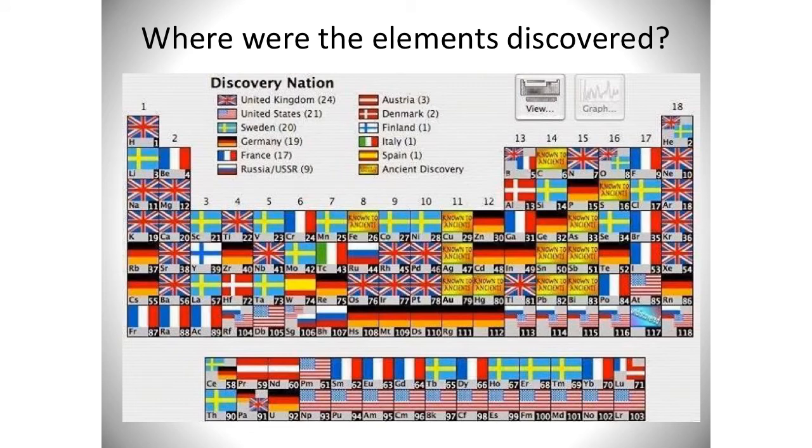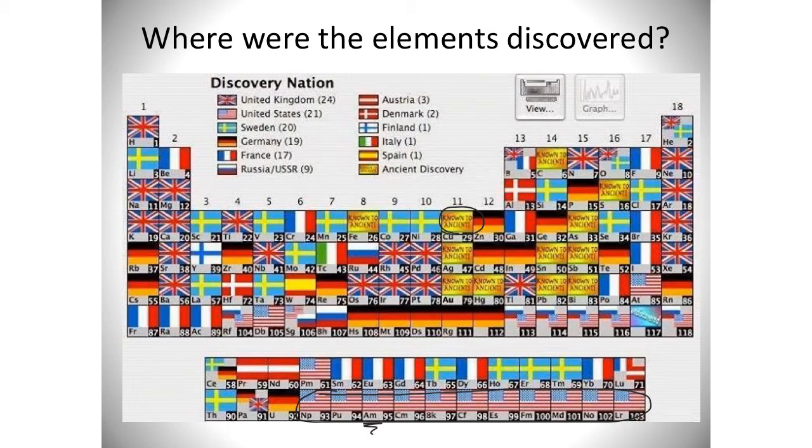And that leads us to this slide here. This, again, is nothing that you're going to be tested on, but I think it's interesting. It shows you the different nations that have discovered various elements. So you see there's ones like copper that just basically has always been known, so it's known to ancients. Then you've got some United Kingdom ones. You've got a bunch of ones that were discovered in the United States. Those ones were all made through nuclear reactions.